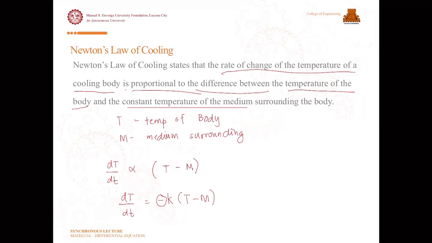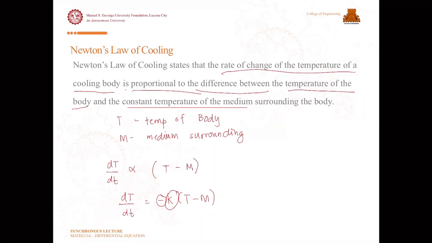Hindi mo naman sasabihin na yung 42 degrees na body temperature mo ay wala kang sakit, di ba? Ibig sabihin niya, mataas ang temperature mo, ibig sabihin may sakit ka, no? May lagnat ka. Kaya kailangan mag-introduce ng negative sign dun sa unahan ng equation o yung constant of proportionality natin. Okay? Pero pag tinatanong yung value ng k is always positive. Okay?